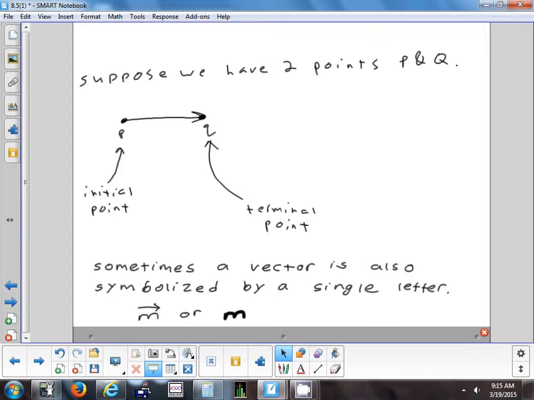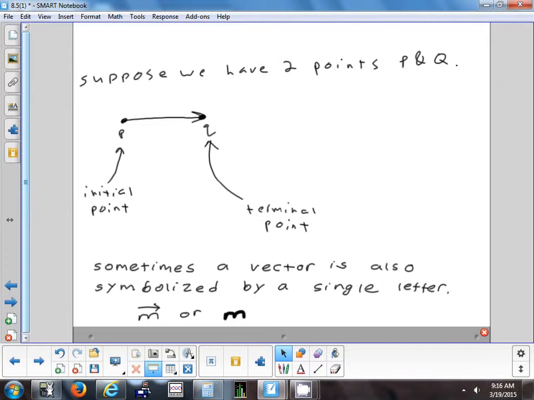In our book or that packet I gave you, you might see vectors written a couple different ways. Generally, they use a bold letter to represent a vector. If you look on page 335 in the packet, you'll see it right there. Sometimes on paper, bold letters are hard for us to do, so you can put a letter with an arrow over it.